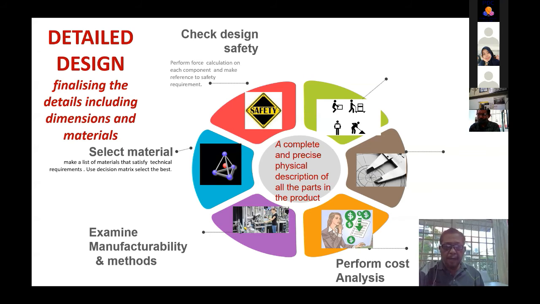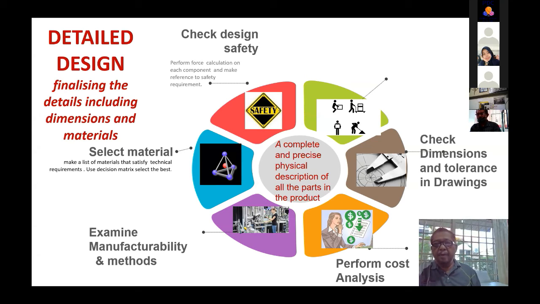And the next one is we look at the cost. What is the way that we produce, or the material that we select? Is there any cheaper alternative that still serves the same function? Check dimensions and tolerance in the drawing.